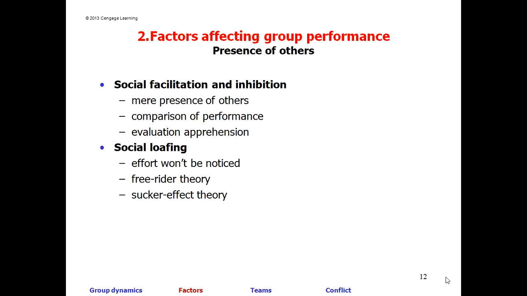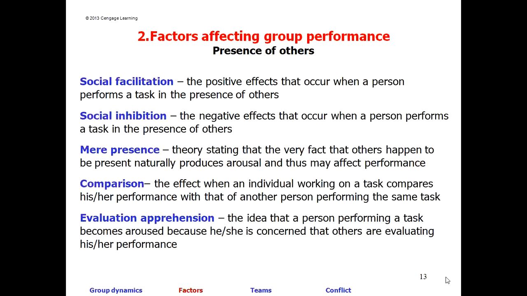As we have seen earlier again, social loafing theory is how a person tries to go easy on himself in a group because he knows that the other people in the group are going to somehow finish the task, and then he takes a free ride, which the free rider theory explains, or the sucker effect theory has a similar kind of positioning.